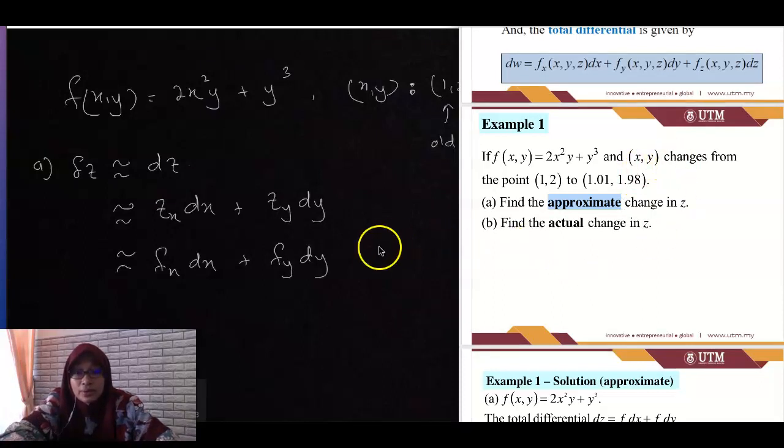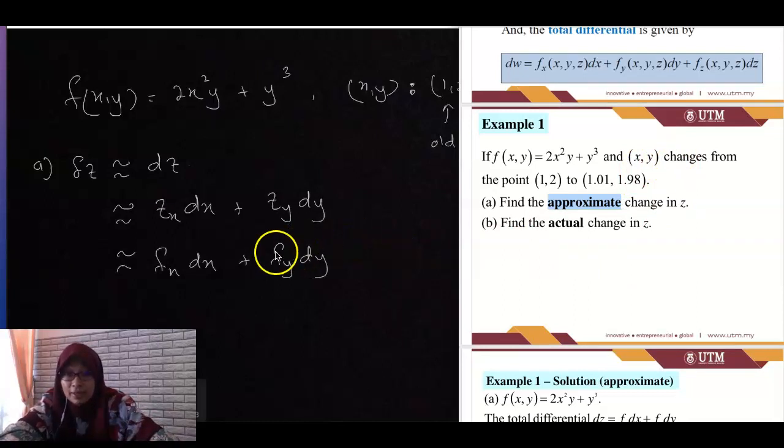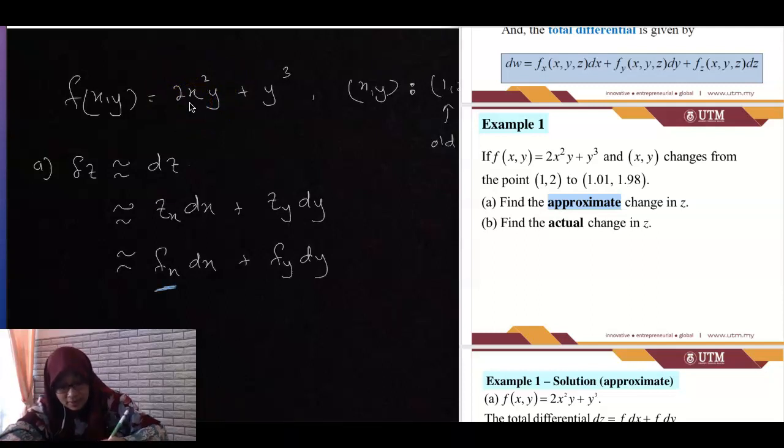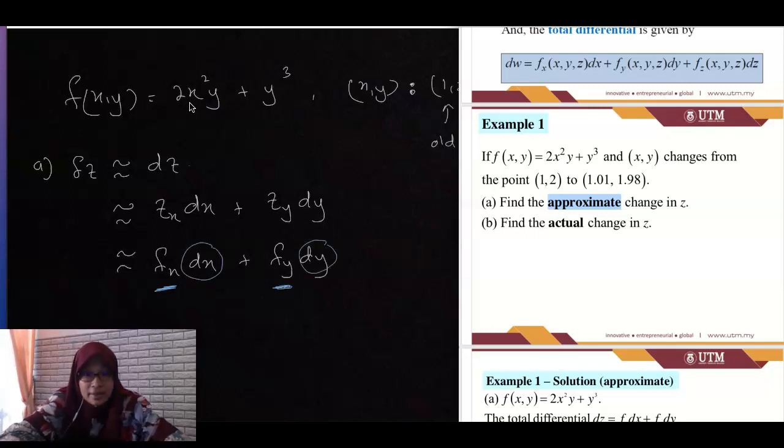Okay, so what do you need in order to get the answer here? You have to obtain the partial derivatives of the given function with respect to x and with respect to y. You have to find fx and fy, and you need to know dx and dy as well. So what are they? dx and dy are the changes of x and the changes of y.